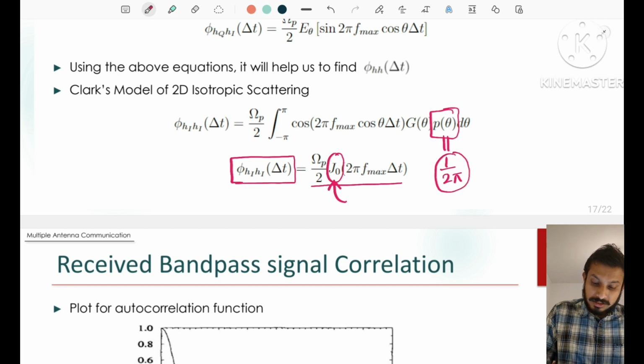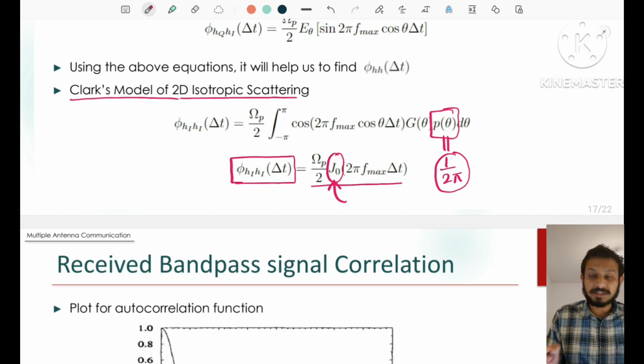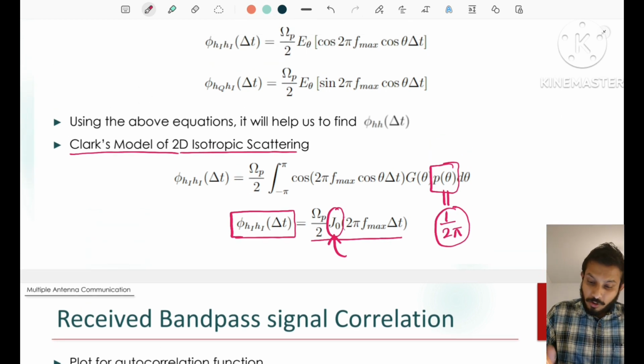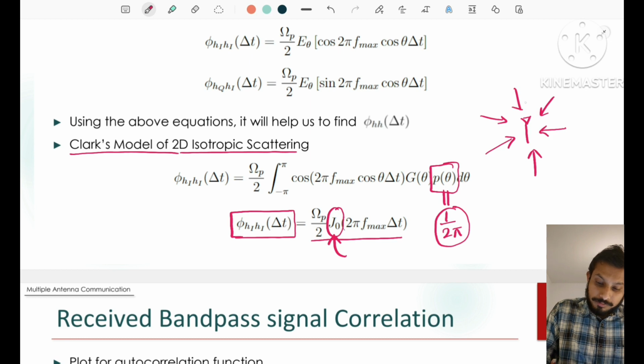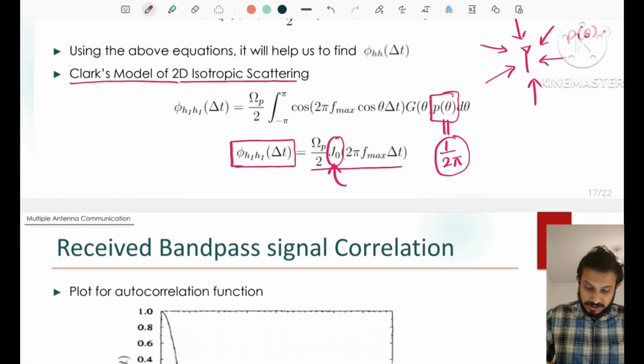We assume this because of Clark's model of 2D isotropic scattering, which states that the angle of all the rays that come to the receiver is uniform. That is, the probability of theta is uniform along all the directions.